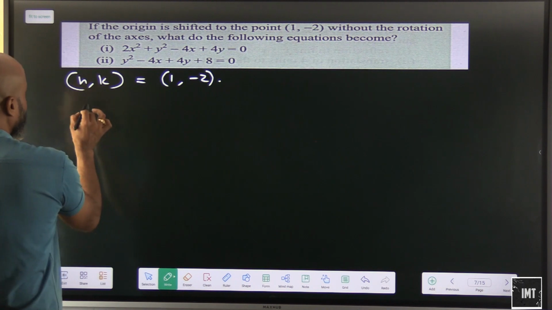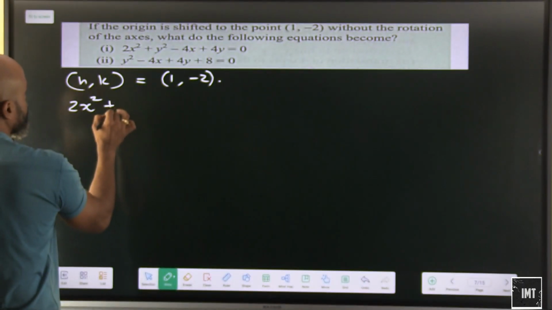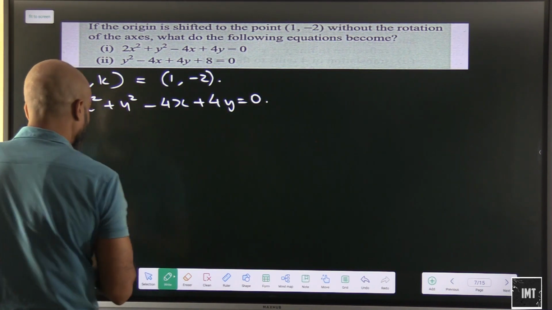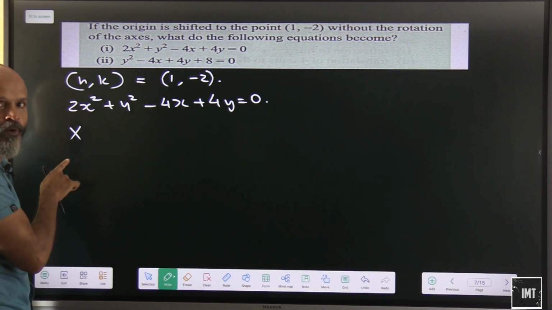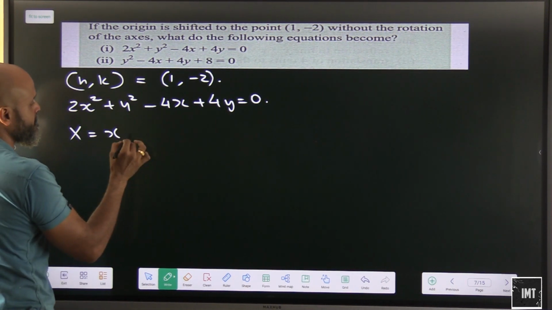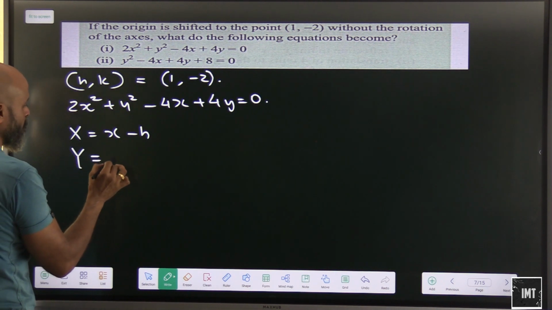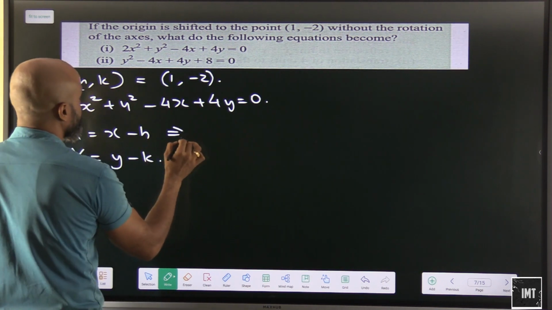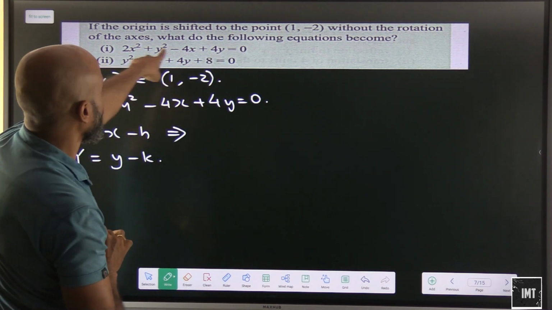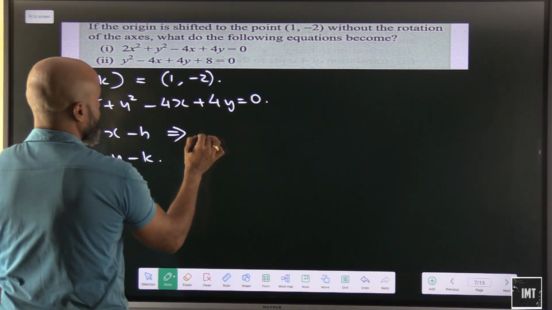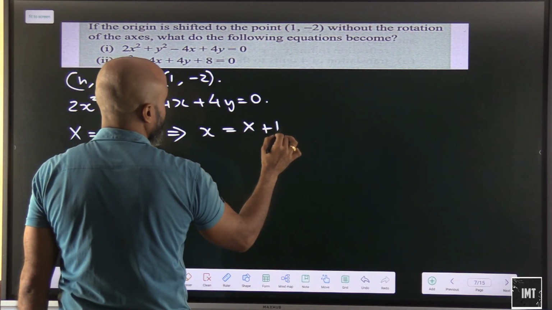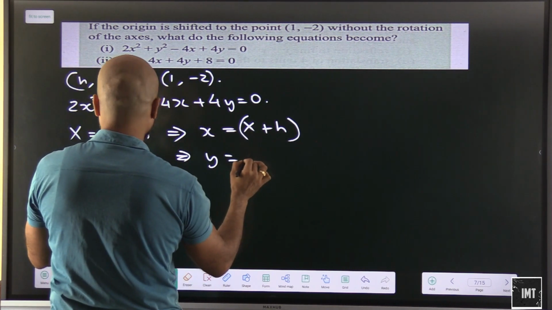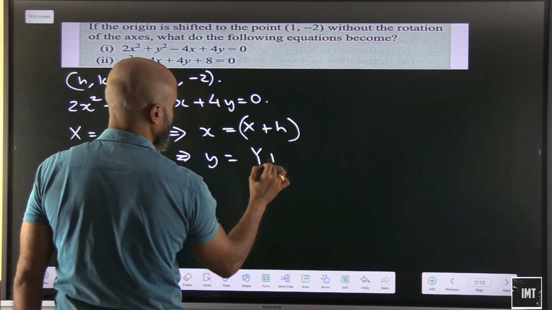So now we know that this is the original equation, 2x square plus y square minus 4x plus 4y is equal to 0. And we also know that the new X will be equal to the original x minus h, and the new Y will be equal to the original y minus k, which means that x becomes X plus h and y becomes capital Y plus k.